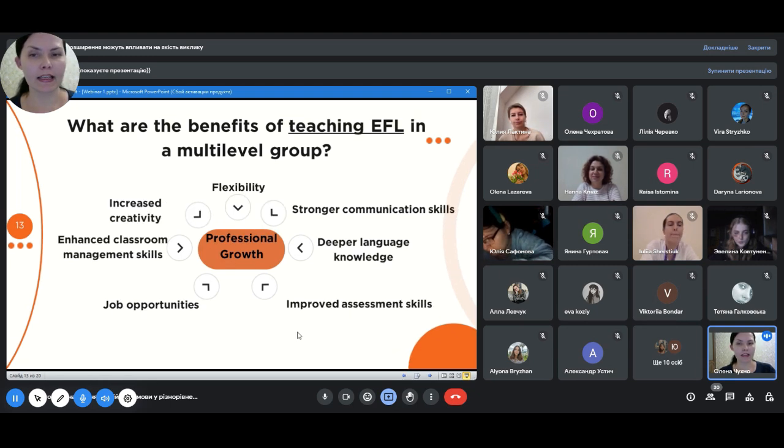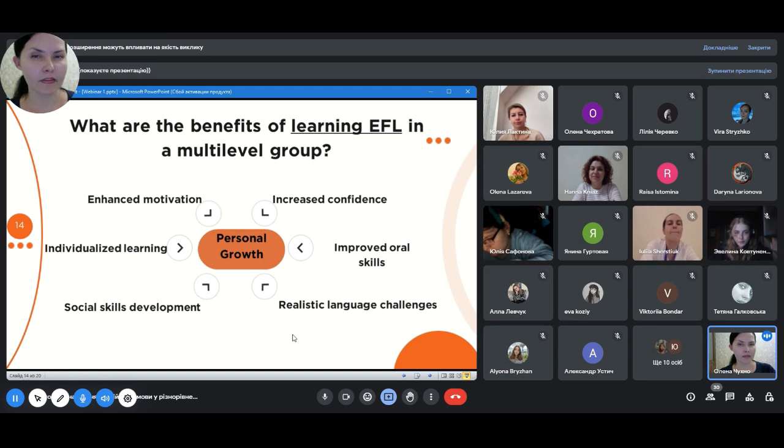Well, as for benefits of learning English as a foreign language in a multi-level group. So again, on the one hand, it seems that learners do not benefit if several levels learn English in one and the same class. But on the other hand, they grow personally.